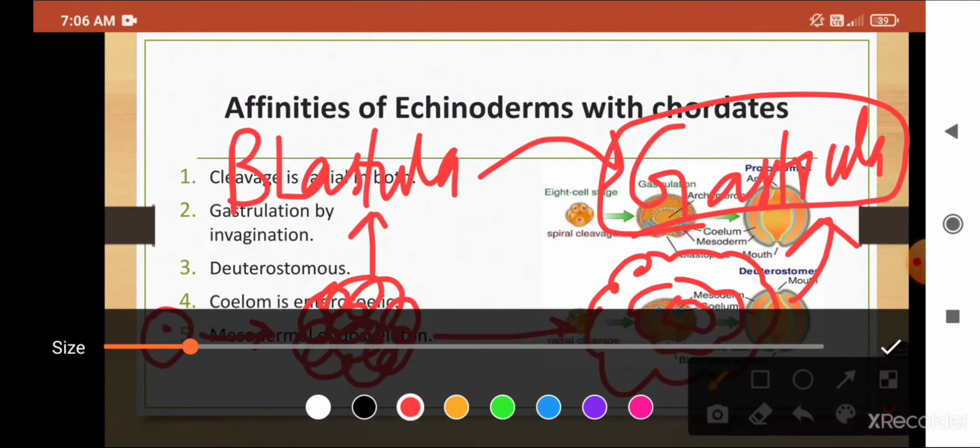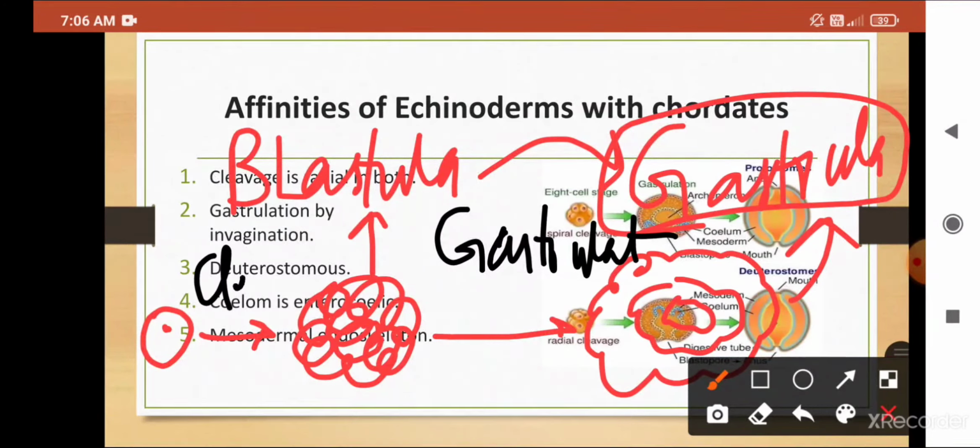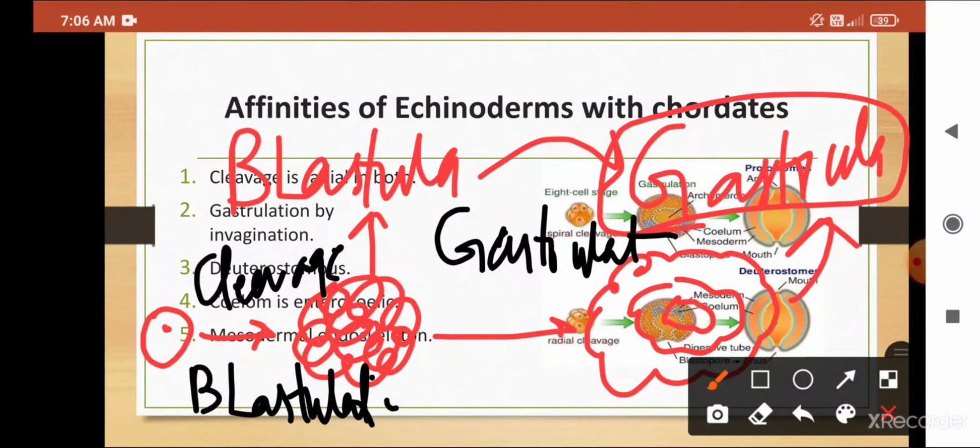The process of formation of gastrula from blastula is known as gastrulation. Zygote to blastula is cleavage, or cleavage can also be called blastulation. And blastula till the formation of gastrula is the process of gastrulation.